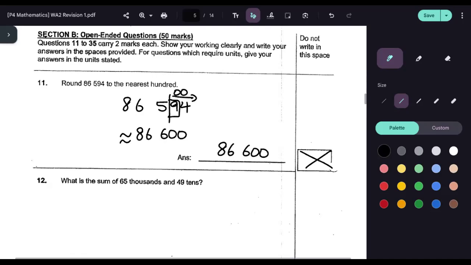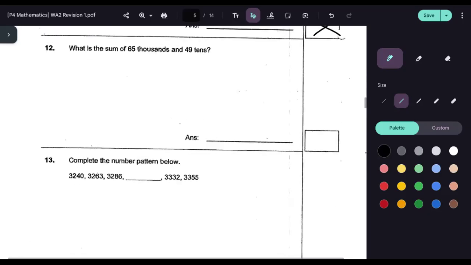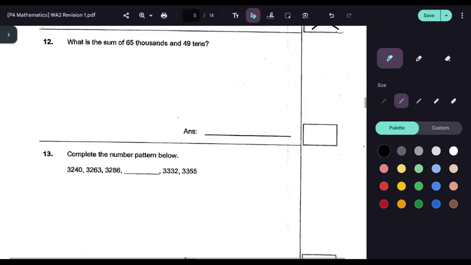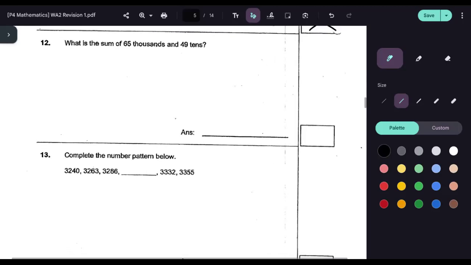Pretty simple, right? Next, what is the sum of 65 thousands and 49 tenths? 65 thousands means 65,000. 49 tenths is 490. Okay, 65 thousands basically is, yes, 65,000.